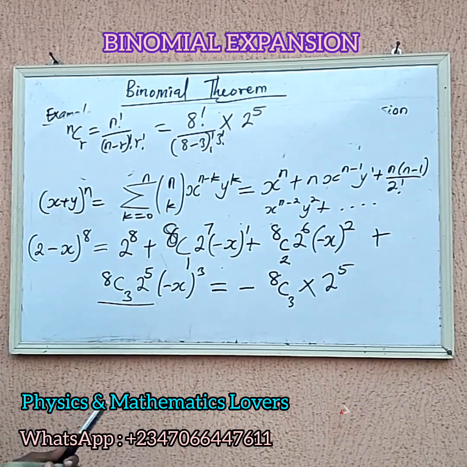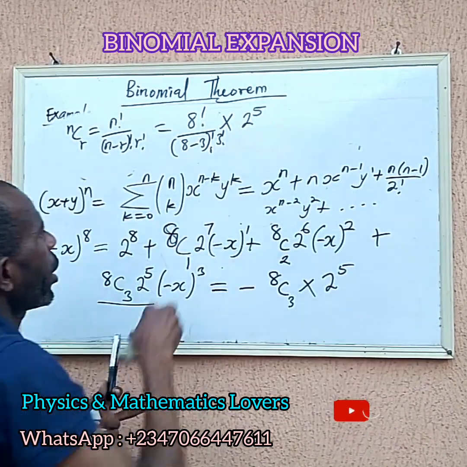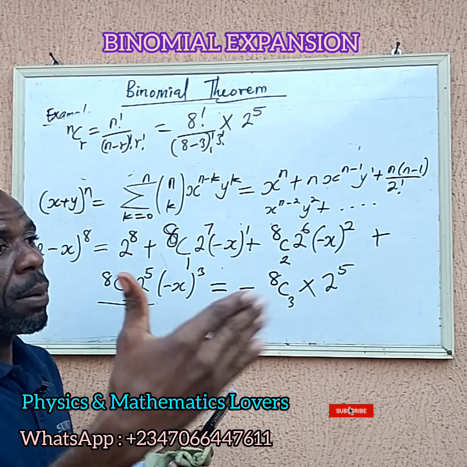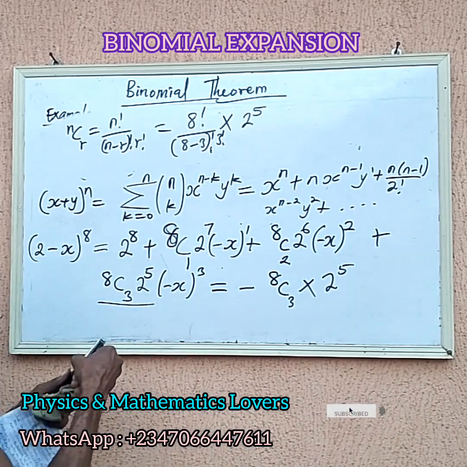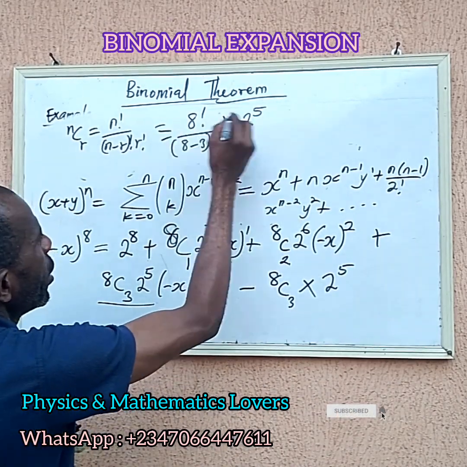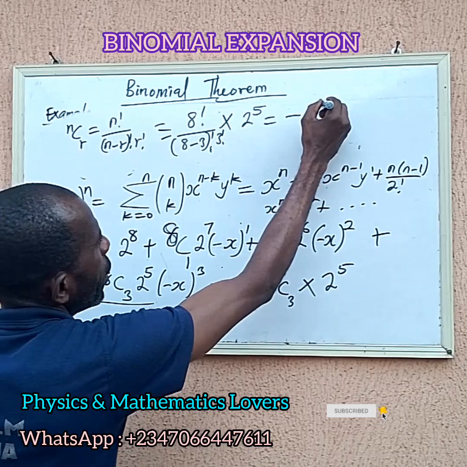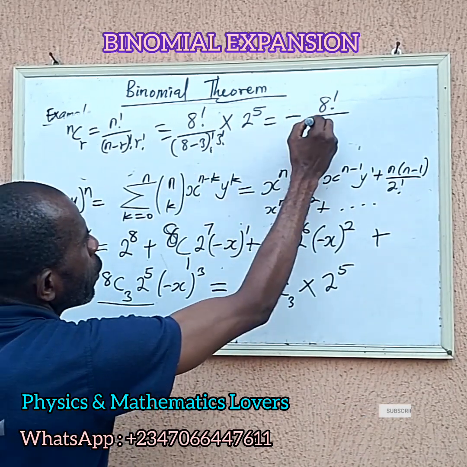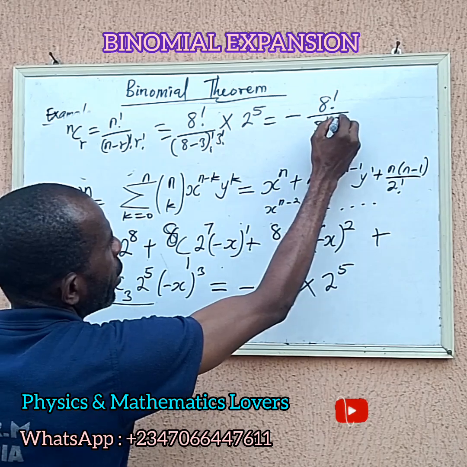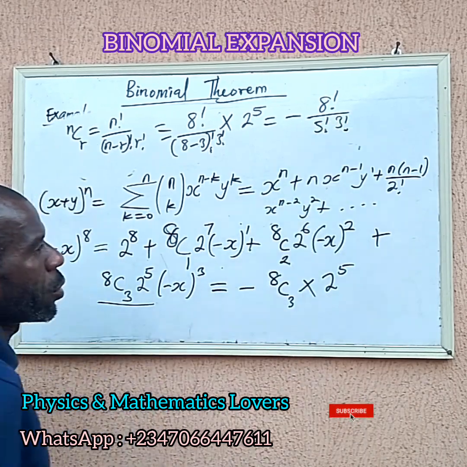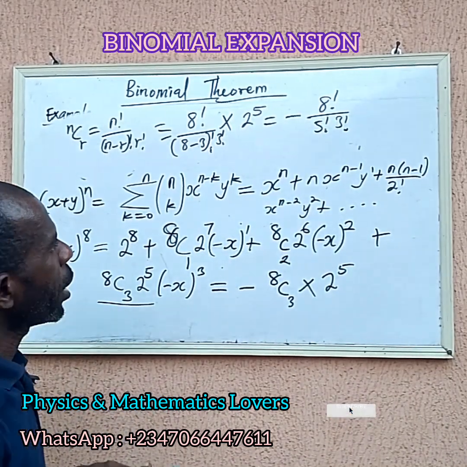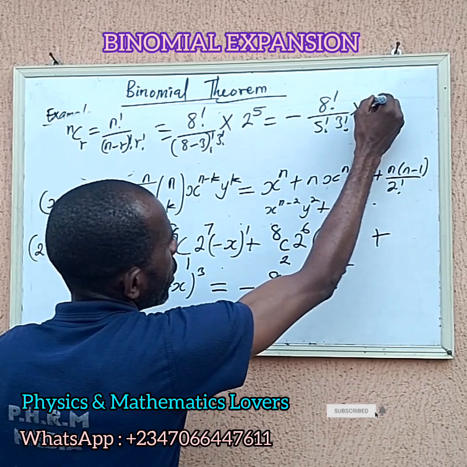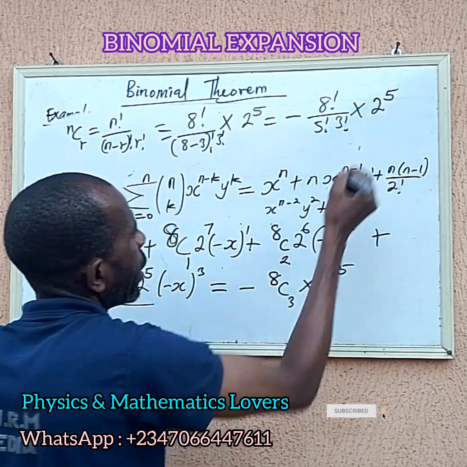Let us express further: we have negative 8 factorial over 5 factorial times 3 factorial, times 2 raised to power 5.